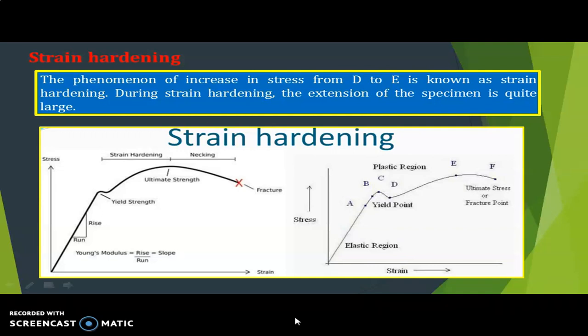But once it reaches its elastic limit, it behaves like plastic. It shows plastic characteristics, meaning deformation starts. When you increase the load on the material, the deformation continues. So this portion D to E is called strain hardening. Again, if you increase the load, then failure takes place and the material breaks. That is the fracture point.